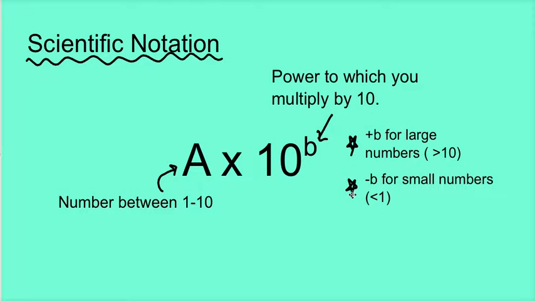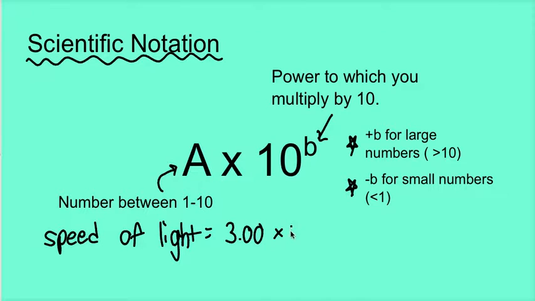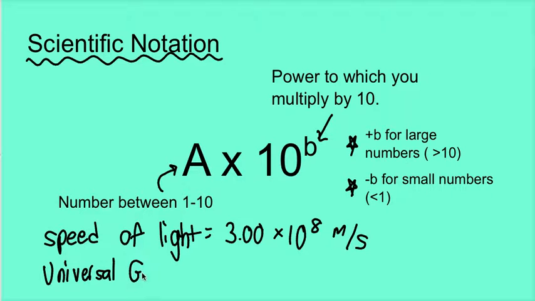B is going to be positive for large numbers and negative for small numbers. For example, the speed of light is 3.00 times 10 to the 8th meters per second, where the universal gravitational constant is actually a very small number.